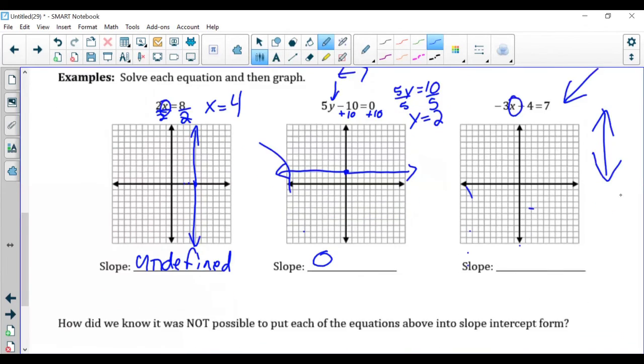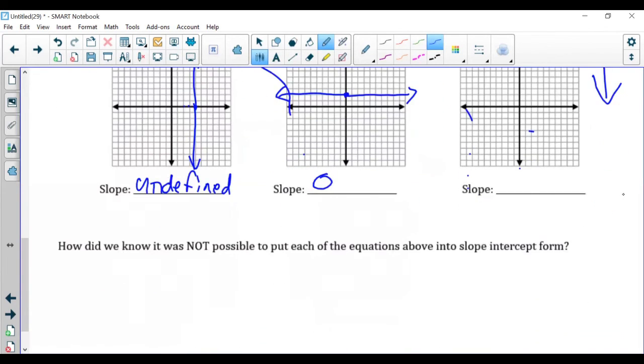All right, scrolling down. One last question. How do we know it was not possible to put each of those last 3 equations into slope-intercept form? Why was it not possible to put them in slope-intercept form? Well, remember, slope-intercept form is y equals mx plus b. In order for slope-intercept form to work, I have to have a y and an x.